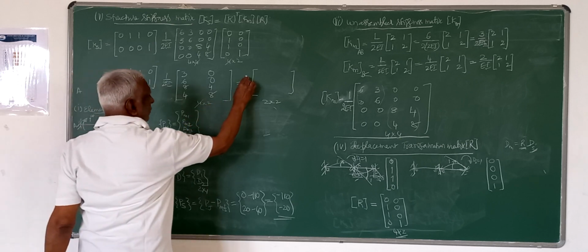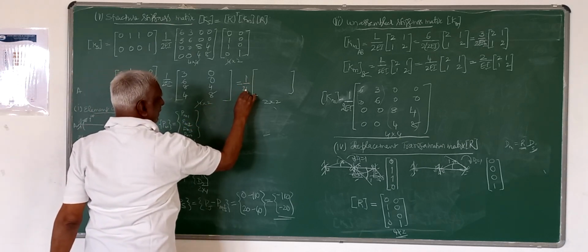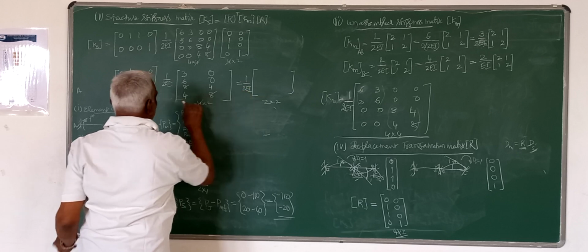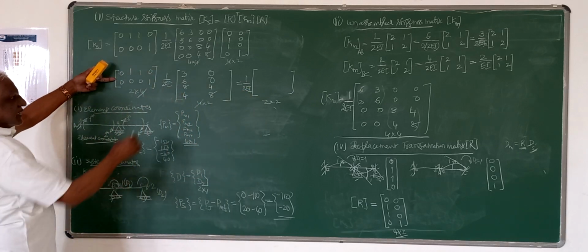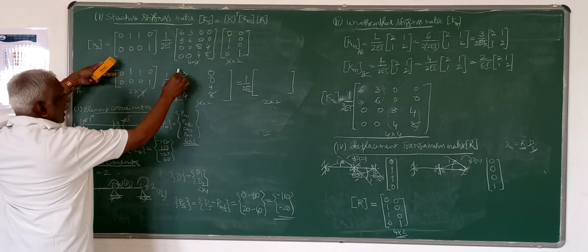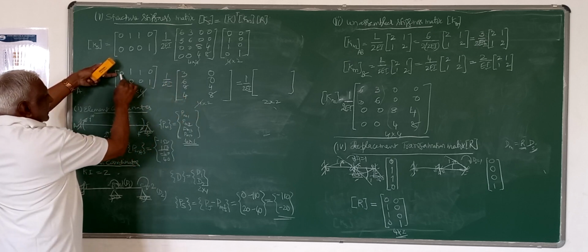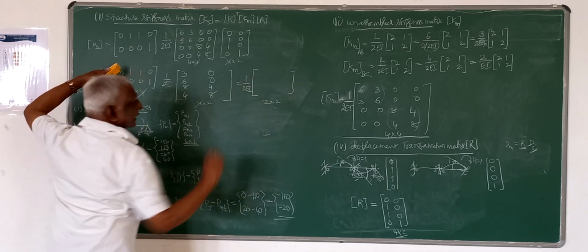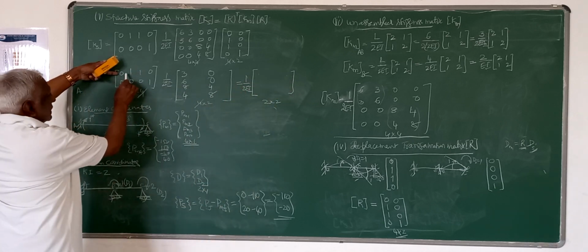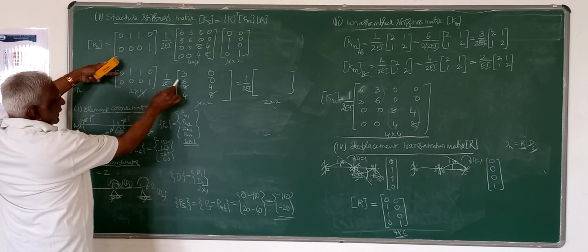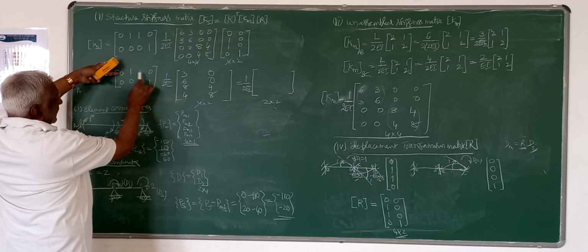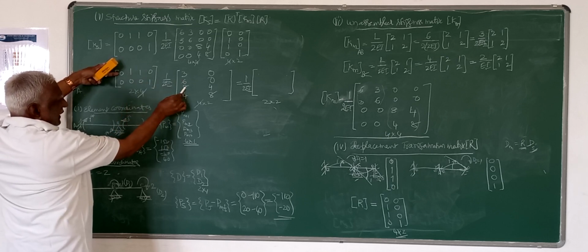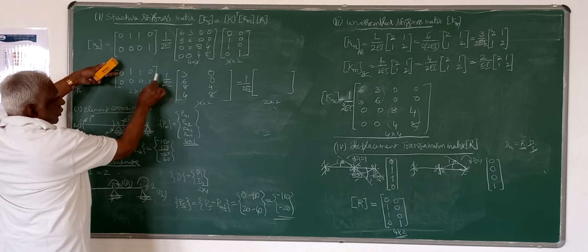So this is equal to 1 over 2 EI, I will keep it as it is, 1 over 2 EI, here same thing. First row, I will multiply by first column, then first row, second column. I will write it here. So that is 0 into this, 1 into 6, 1 into 8. 1 into 6 plus 1 into 8, that is 6 plus 8, 14.